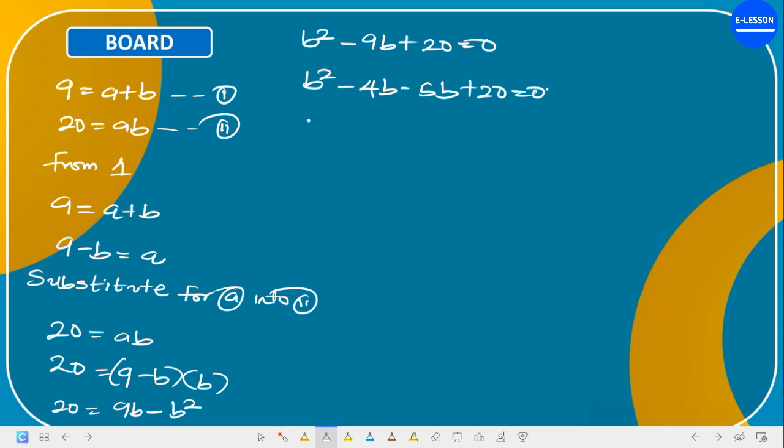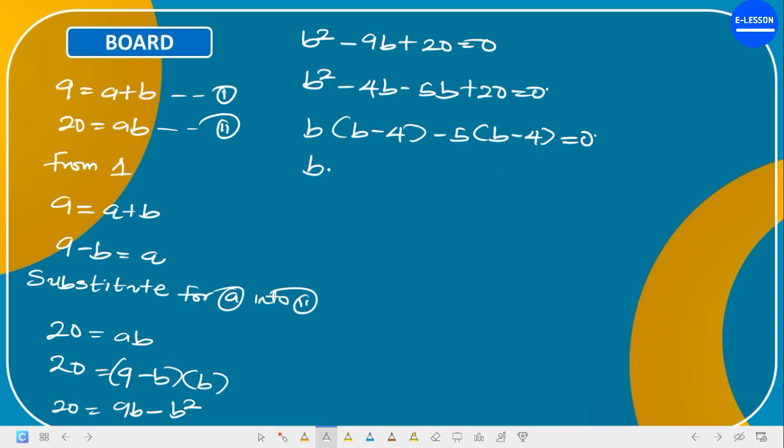And at the end of the day, this gives us b bracket b minus 4, minus 5 bracket b minus 4, everything equals to 0. Why? b is common here, you take it out. b divided by b square is b, minus b divided by 4b is 4, minus 5 is common between 5 and 20, so you take it out. 5 divided by 5b is b, 5 divided by 20 is minus 4, and bracket, everything equals to 0.